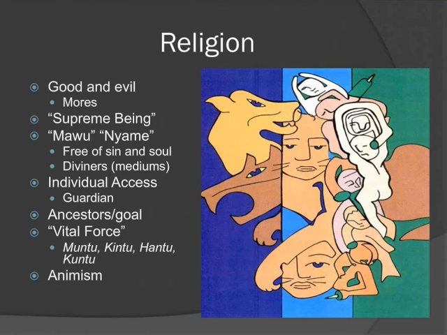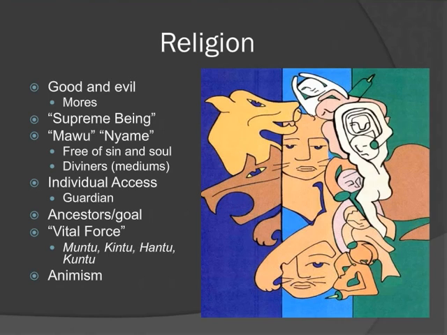But one thing that most religions do have is this supreme being, and it's an integral part of society. It's usually the Almighty, creative force, who's omnipresent, omniscient, and the ultimate judge of things. So it's a greater being, and there are different names for it: Mawu, Nyame, Chukwu.